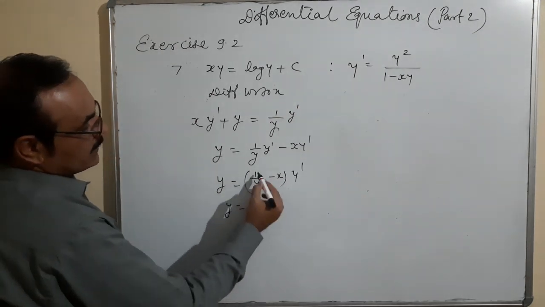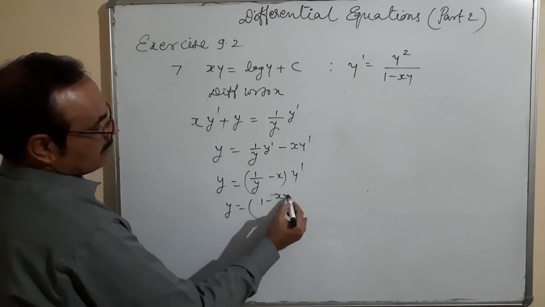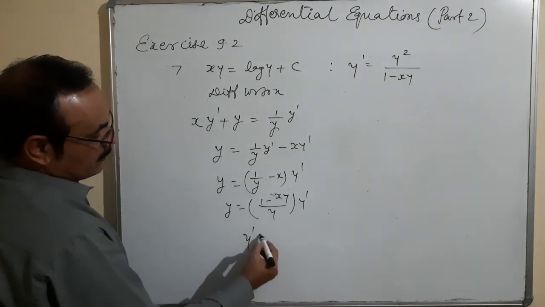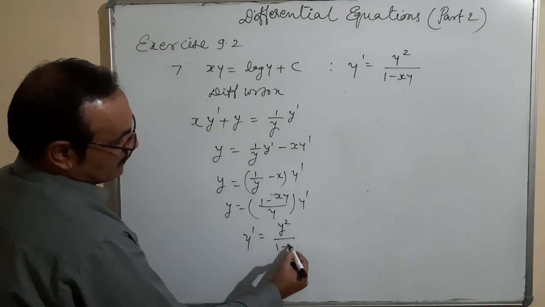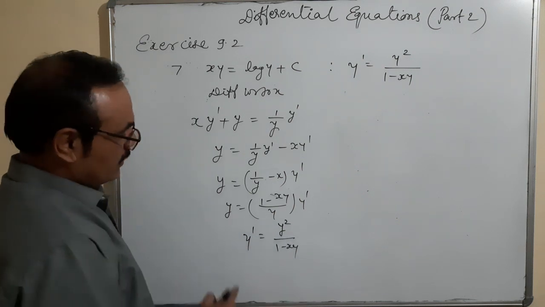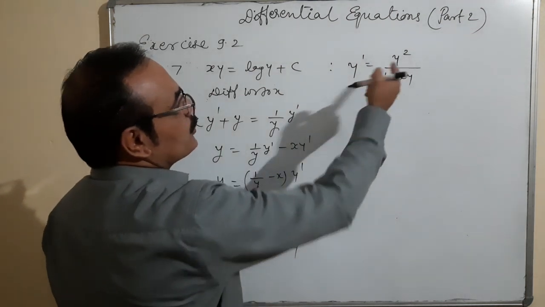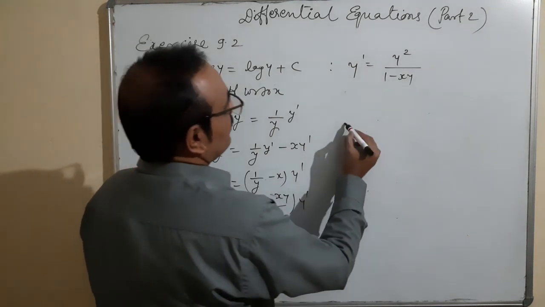Y is equal to LCM 1 minus xy upon y into y dash. So what is the value of y dash? Y dash is equal to y square upon 1 minus xy. Verified? Okay.